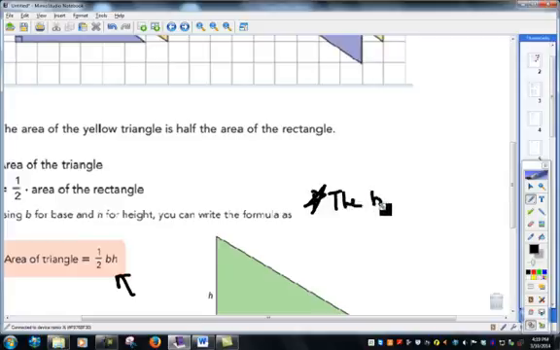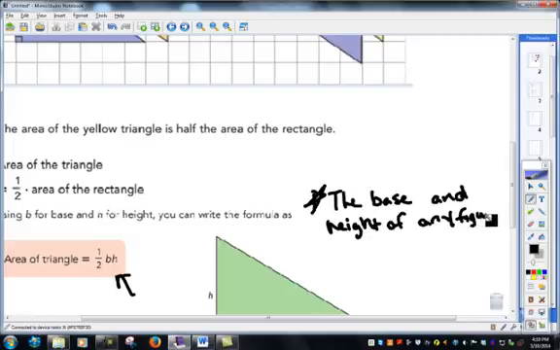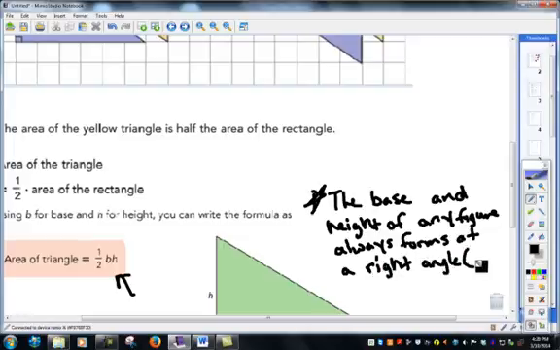The base and height of any figure always forms at a right angle, which you guys know is 90 degrees.